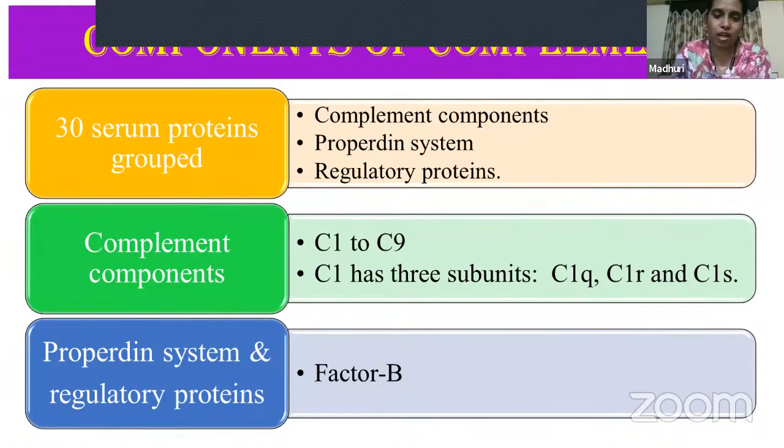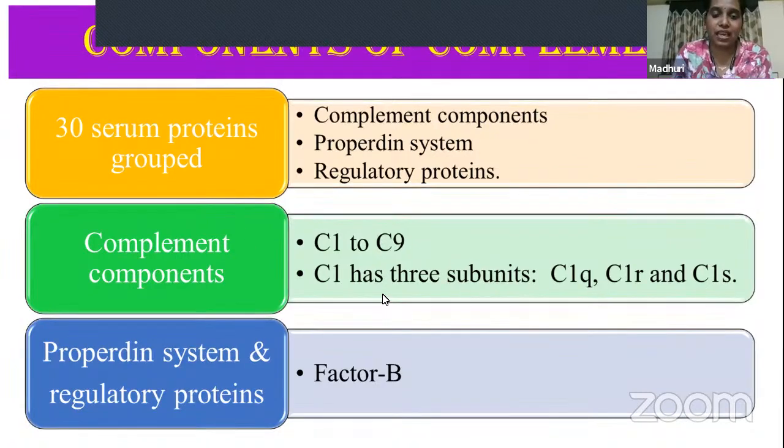We have only one component of the complement which has 3 more subunits, that is the C1 component. C1 has 3 separate subunits, C1Q, C1R, and C1S. We'll see in detail how these components get activated individually.